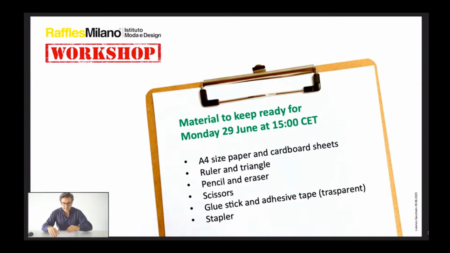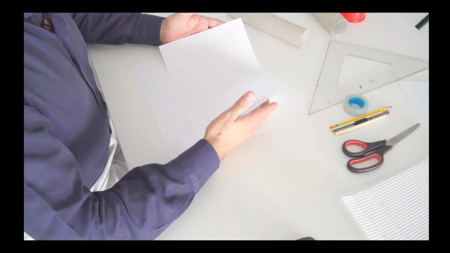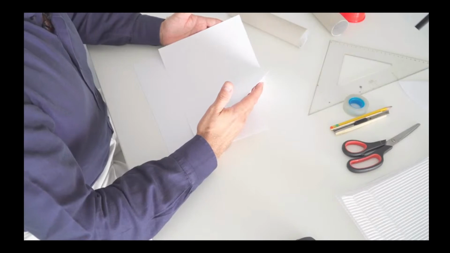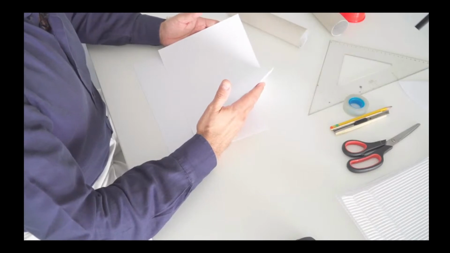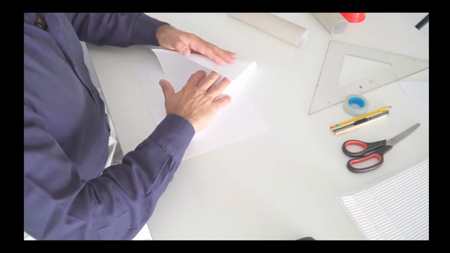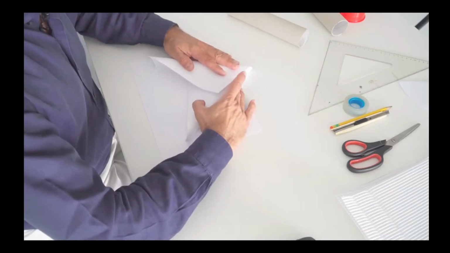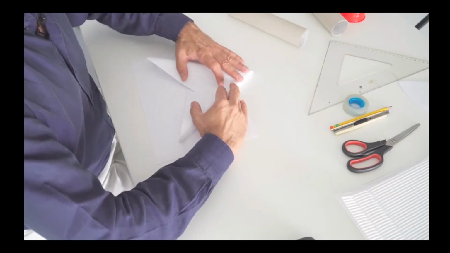As you can see, I have a simple piece of paper, just an A4 size paper, and if you simply use this paper as when you prepare a paper airplane, you fold it this way and you overlap the two sides this way, roughly this way.